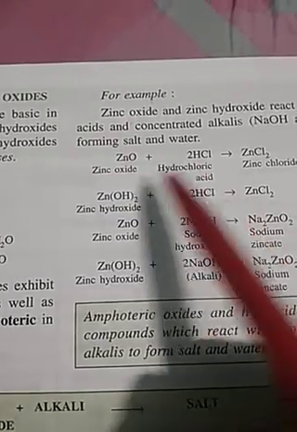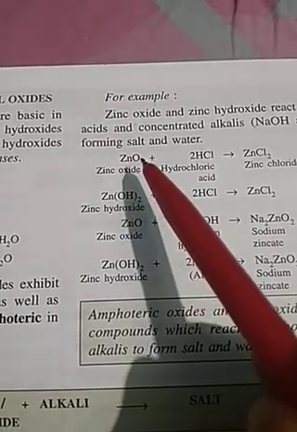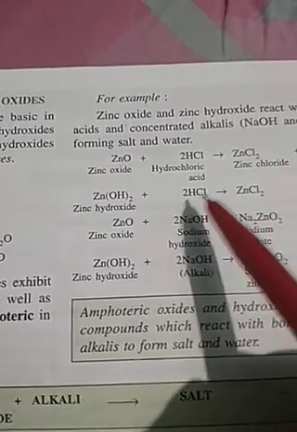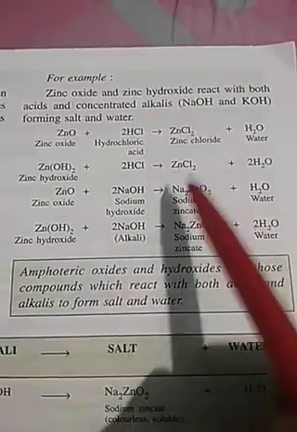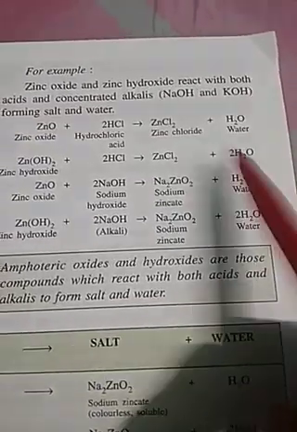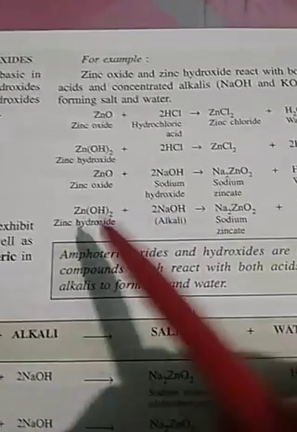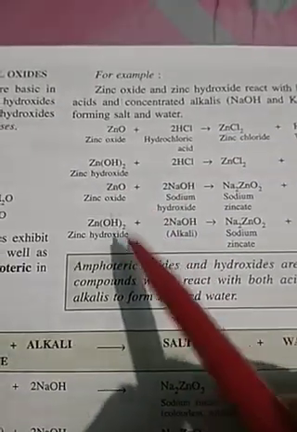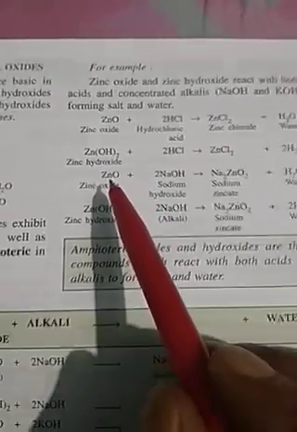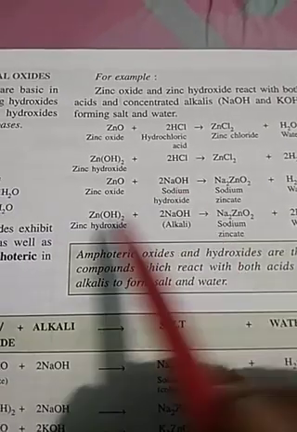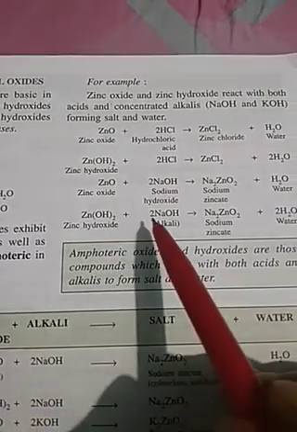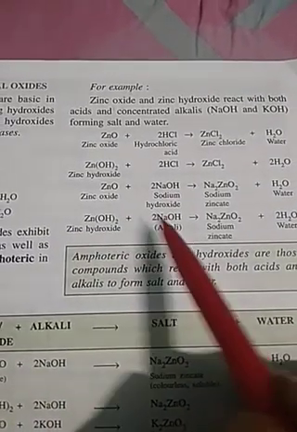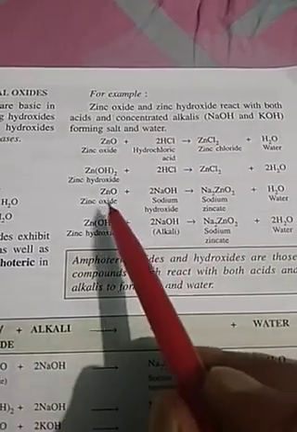It reacts with acid, forming zinc chloride and water, salt and water. Now in the other reaction, zinc hydroxide is a base, sodium hydroxide is a base. So these two bases react, and it also forms salt and water.